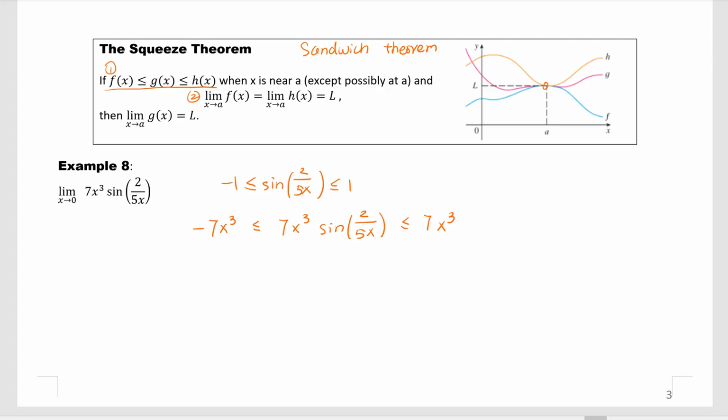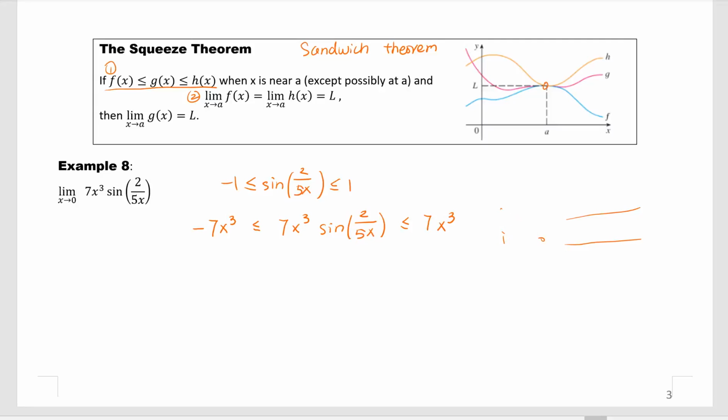So here, x cubed could be positive and it could be negative. When x cubed is positive, this is true. But when x cubed is negative, you have to flip the sign. So you either separate into two cases, if x is positive and you do the inequality, or if x is negative and you do the inequality flipped.